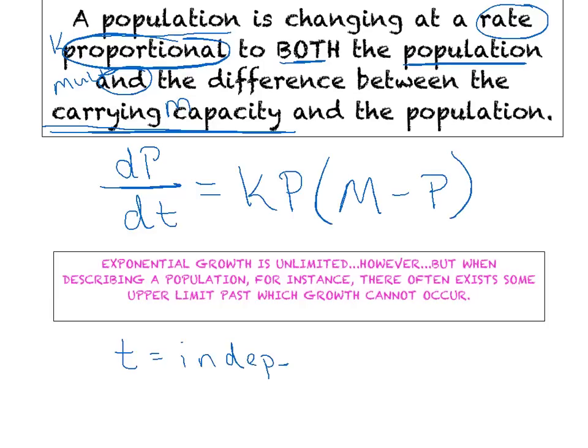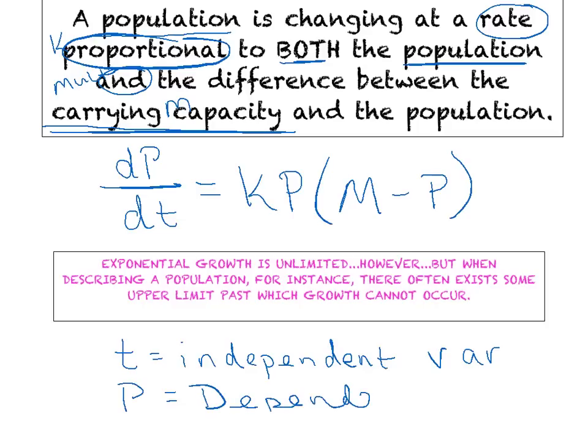When we grew up doing math through 8th, 9th, 10th, 11th grade, our independent variables were always x. But we're going to say t is our independent variable. And that means P is my dependent variable, much like y used to be.